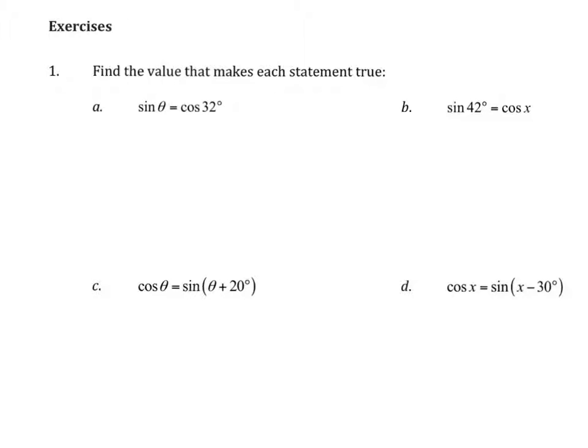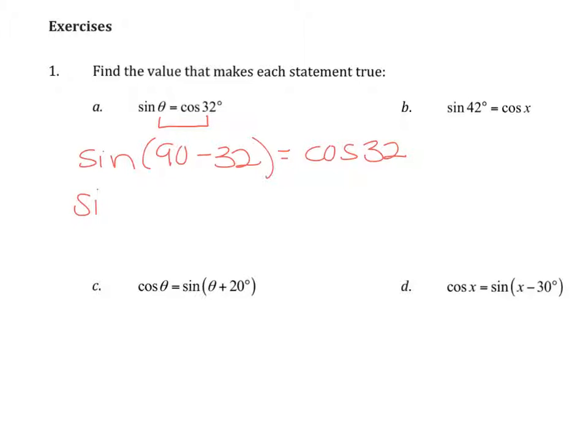So let's find the value that makes each statement true. Since we know these angles are complementary, we can say that sine of 90 minus 32 is equal to the cosine of 32. The difference between 90 and 32 is 58.